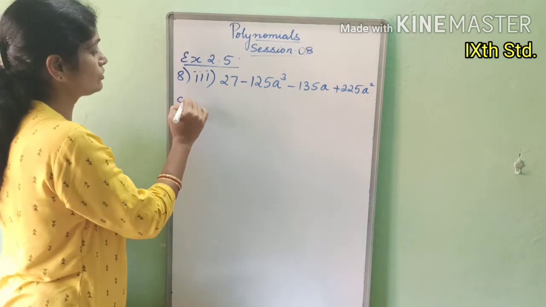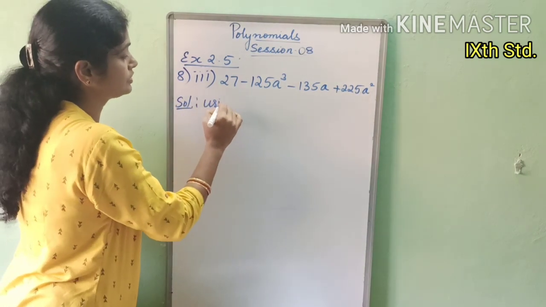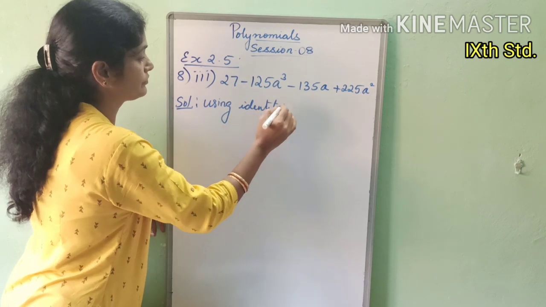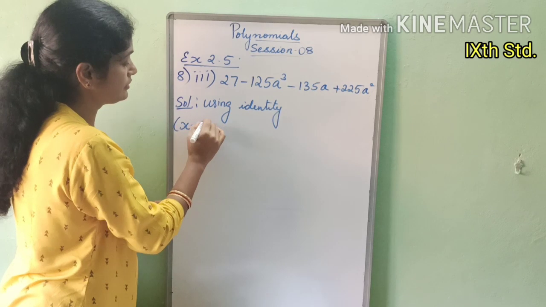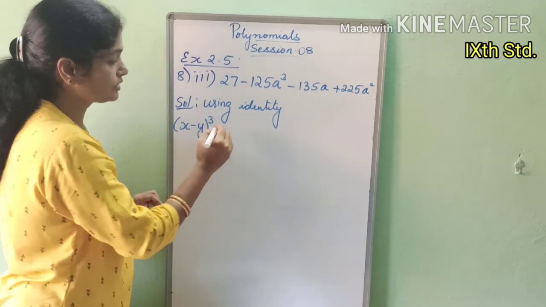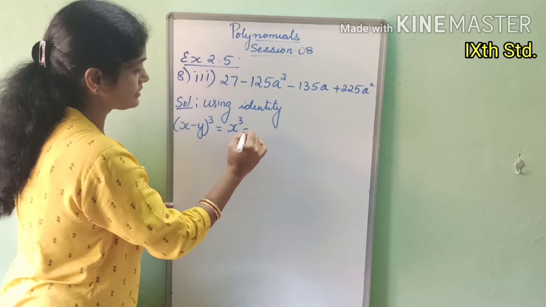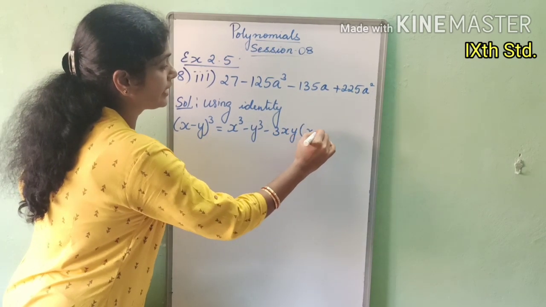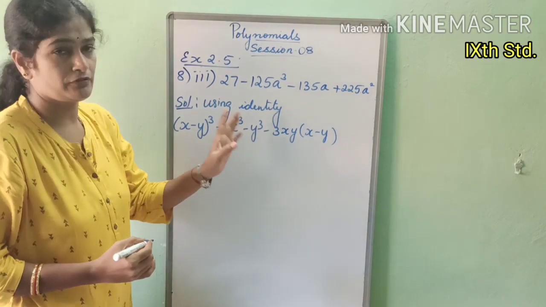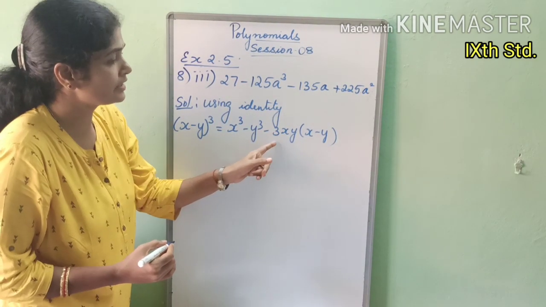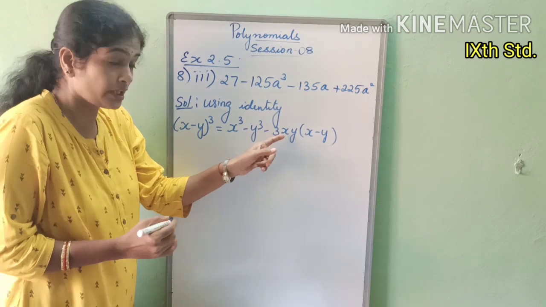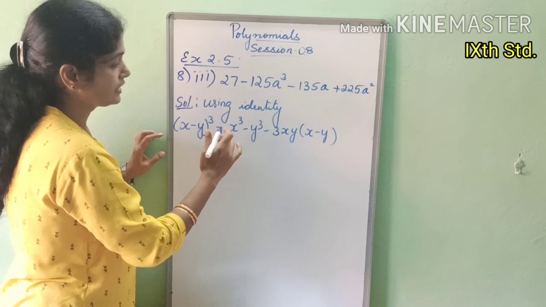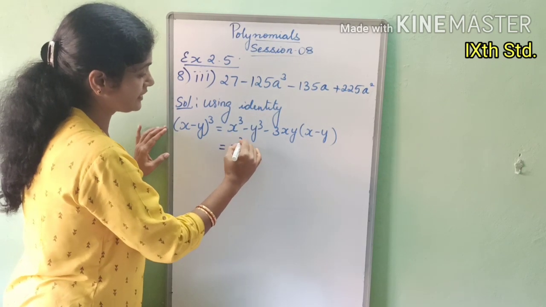Right. So using identity x minus y whole cube. This is equal to x cube minus y cube minus 3xy into x minus y. Now you may be thinking that here it is 3xy into x minus y, and here the expression is given differently.